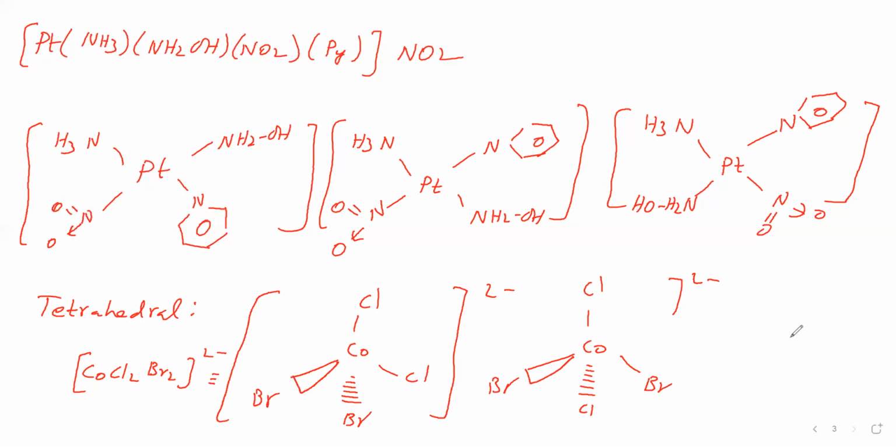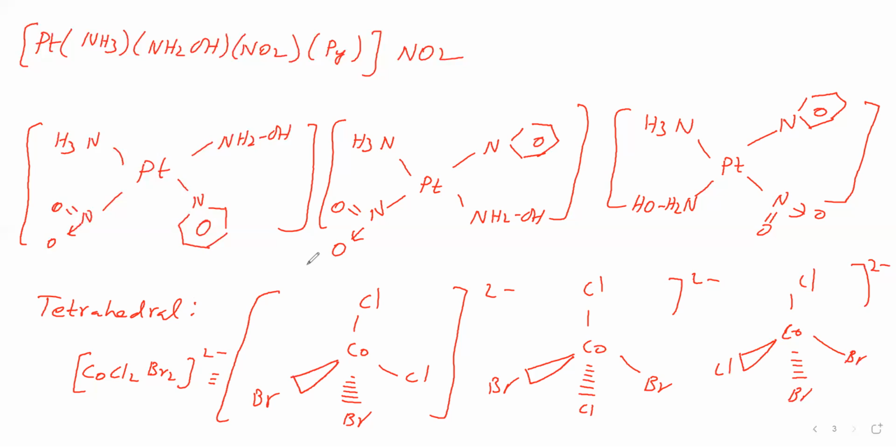Next, we will write in another manner. Co, Cl, here Cl, here Br, here Br. Net charge is -2. This Cl is adjacent to this Cl. Therefore, in all the cases, chlorine atoms are adjacent to each other. Therefore, there is no geometrical isomerism for tetrahedral complexes.